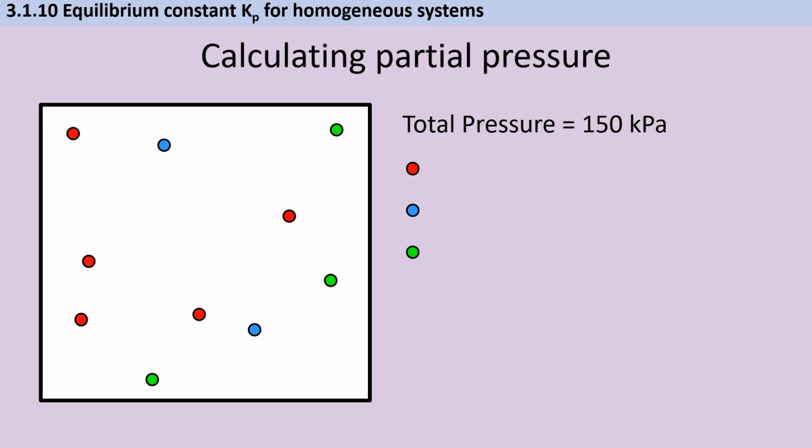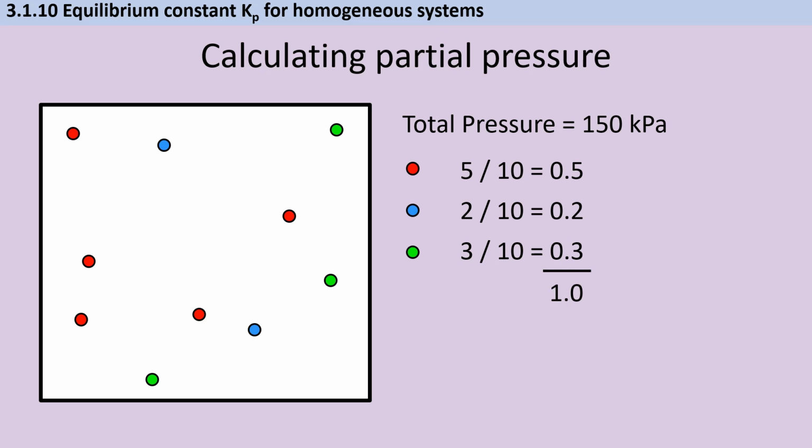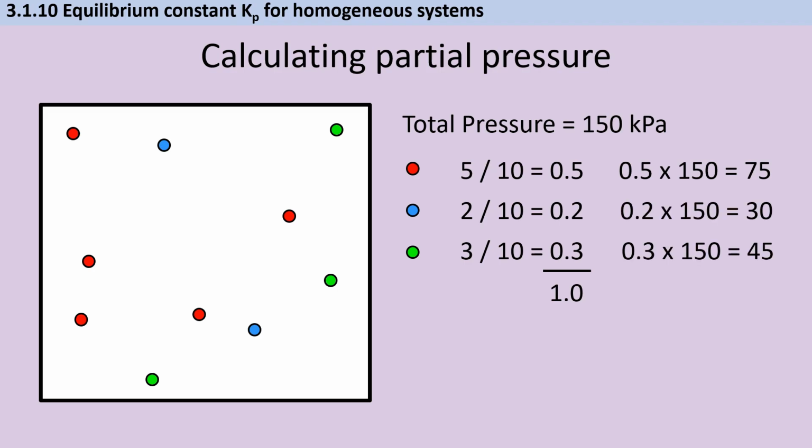So if I look at the molecules that I've got, 50% of those are the red, so my mole fraction there is 5/10, but I simplify it to a decimal of 0.5, and then 20% blue and 30% green, and those are all going to add up to be 1, which is 100%. And then I multiply each of those mole fractions by my total pressure to find out that the partial pressure of the red is 75, and the blue is 30, and the green is 45. And again, those will all add up to be my total pressure.